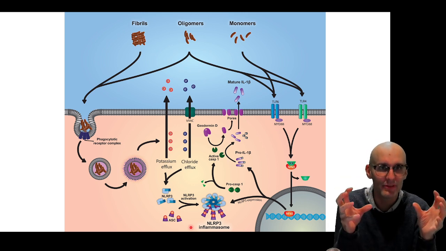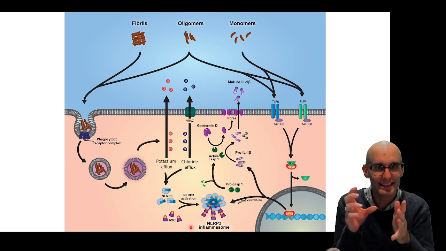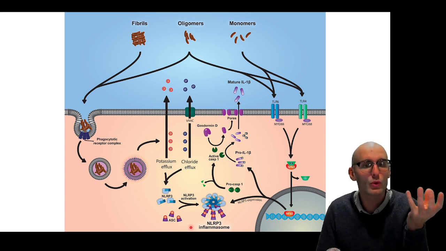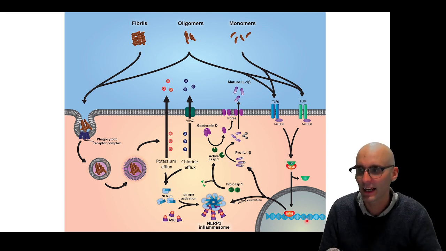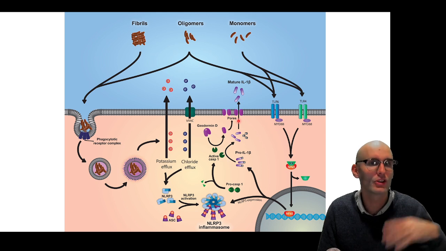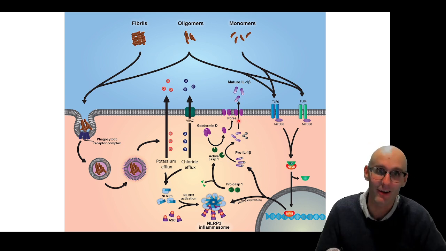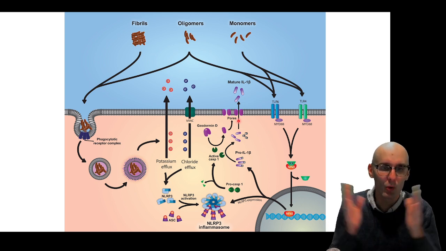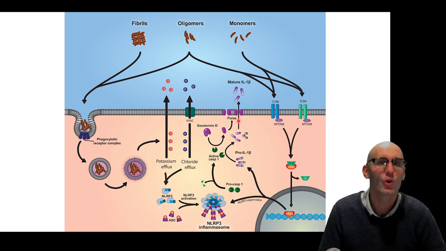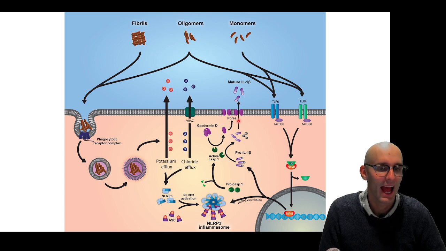So it's inactive, it needs to be cut. Once it's cut, it oligomerizes into a pore, and that pore right there can allow the mature interleukin-1 beta out of the cell. It can also kill the cell, and that's pyroptosis. So the pores forming from the gasdermin D causes pyroptosis, which is very, very cool.